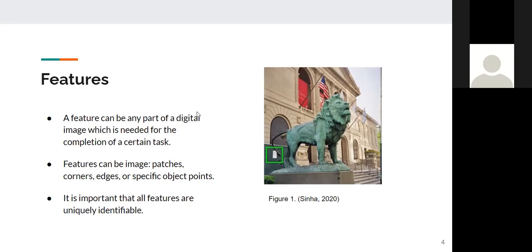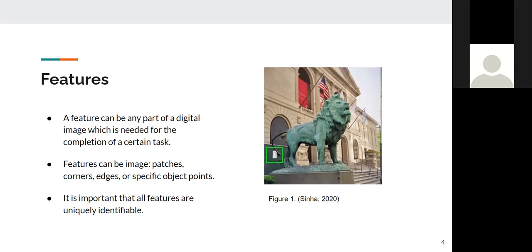And as is shown in figure 1, the white piece of paper is used as a feature. It is important that all features are uniquely identifiable because you do not want to falsely match features in different views. So for example, the feature shown in this image is uniquely identifiable because there's only one patch of white paper.